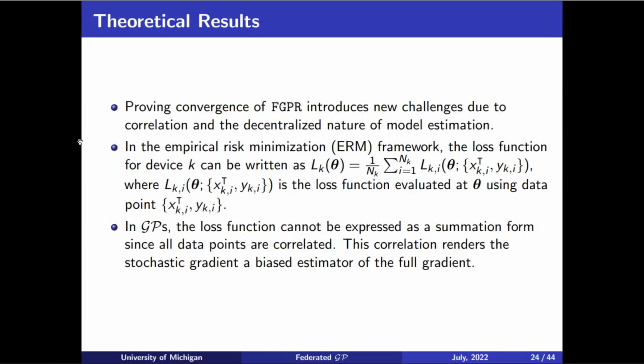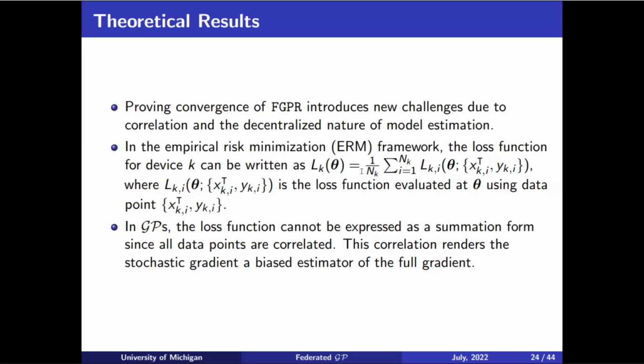Remember that in the empirical risk minimization framework, the loss function for each device k can be written in a summation form, which means there's no correlation among data points. However, in the Gaussian process objective function, we cannot have this independent structure, and there's a correlation among all the data points.